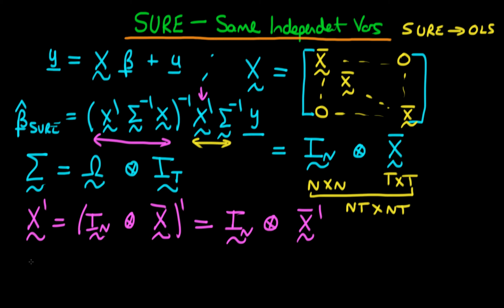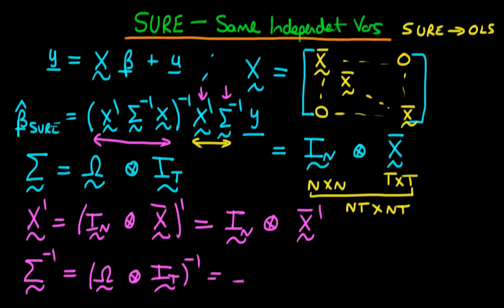Okay, and then we can think about the inverse of Σ, because that's the next thing in the product which we're considering. The inverse of Σ is the inverse of the Kronecker product of Ω with I_T. From our rules about inverses of Kronecker products, this is equivalent to the Kronecker product of the inverse of Ω with the inverse of the identity matrix with T by T dimensions.